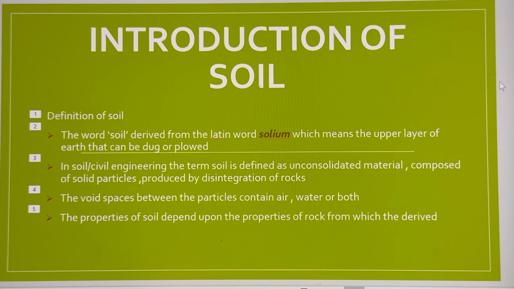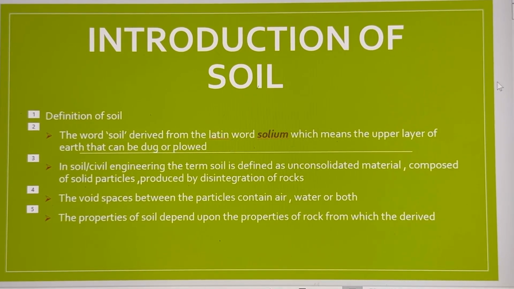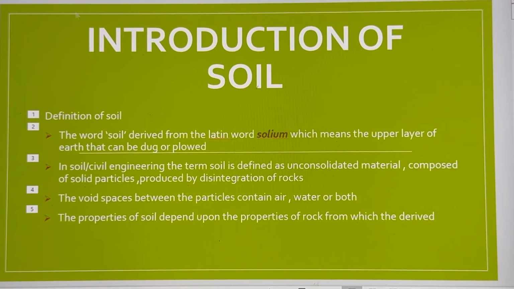It consists of either water or air, or both water, air, and solid particles. The properties of the soil depend upon the properties of the rock from which it is derived, and basically soil is obtained from the rock.